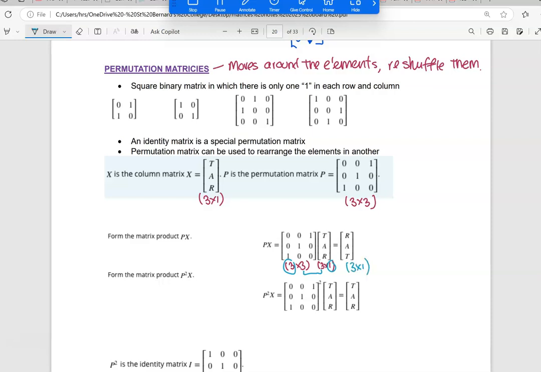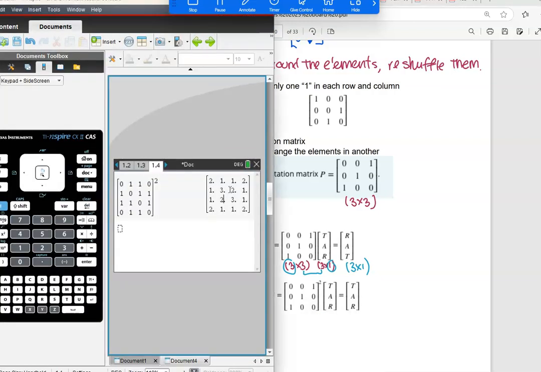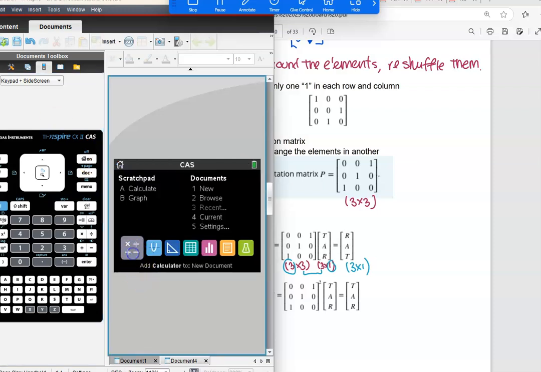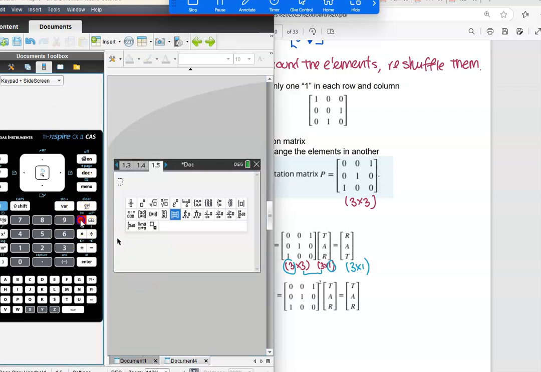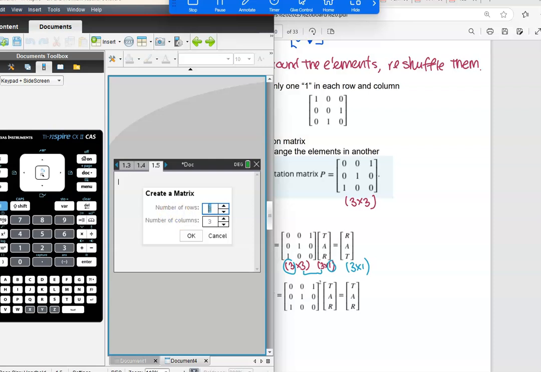If we type this permutation matrix into the calculator and multiply it by the letters, we're actually going to see how that permutation matrix moves them around. So let me just do it here on our calculator. I'm going to type in the permutation first. I've got a 3x3. Be careful, make sure the numbers are correct.